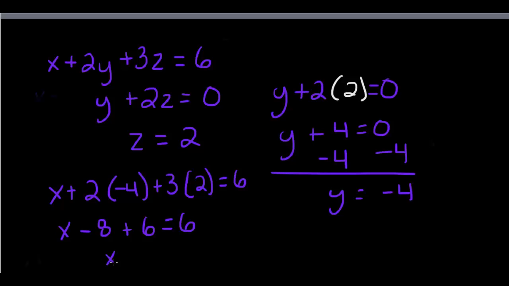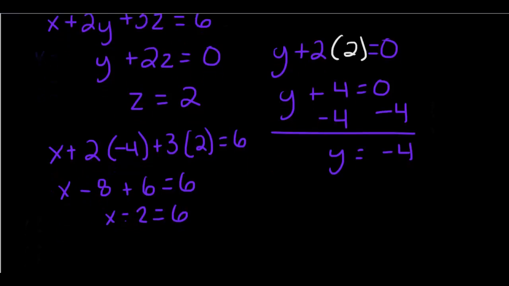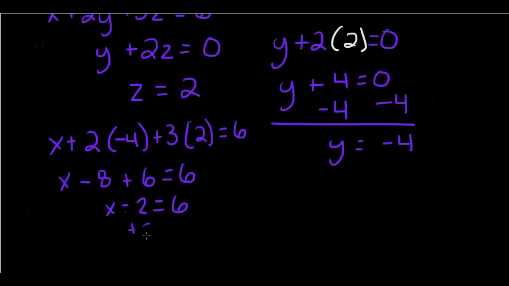Negative 8 plus 6 is negative 2, equals 6. And then we add 2 to both sides. So that gives me x equals 8. So I have found the value of all three variables. That means that the answer to this system is going to be 8, comma negative 4, comma 2.